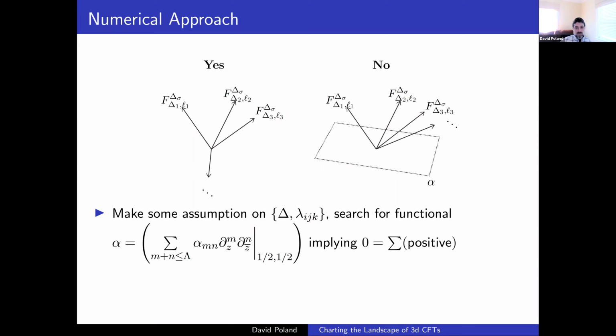And in practice, the way we search for the separating plane is by applying some functionals to the crossing equation. Namely, we take linear combinations of derivatives with respect to the cross ratios evaluated at the most symmetric point, 1/2, 1/2. And in order to make it into a finite problem that you can put on a computer, in practice, we take derivatives up to some order defined by a number lambda.